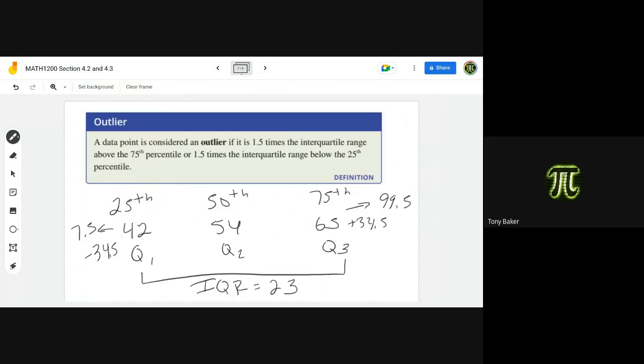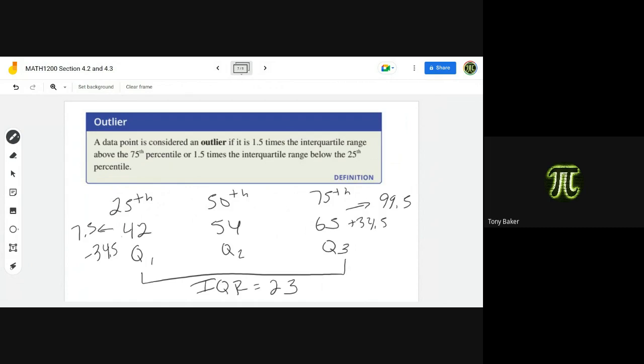Like I could have had 97, 98, and then 100. Depending on if it didn't really impact my interquartile range any, because those are just three numbers up there. The 97 and the 98 are actually part of it. The 100 is an outlier. So you might have seen 97, 98, and 100 and not think any of those were outliers. But the way the process works, that 100 would still be an outlier in that situation.